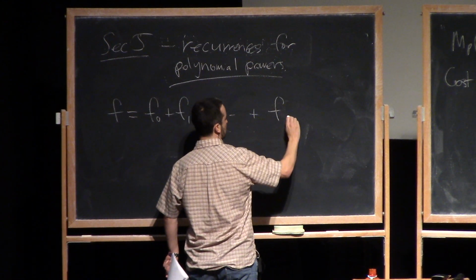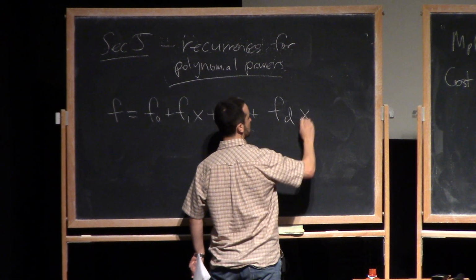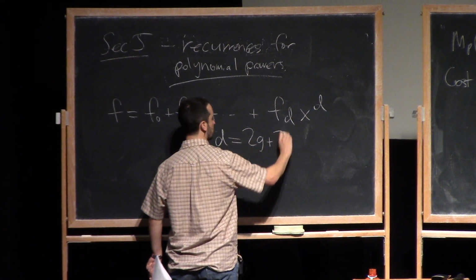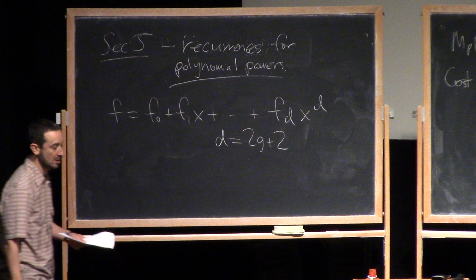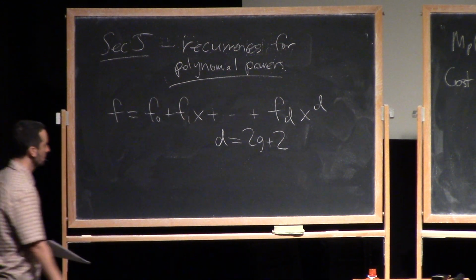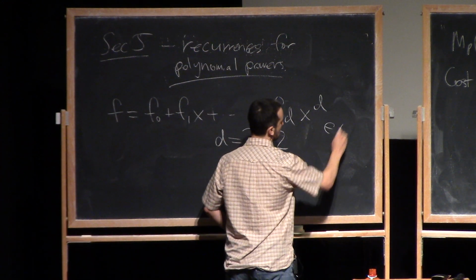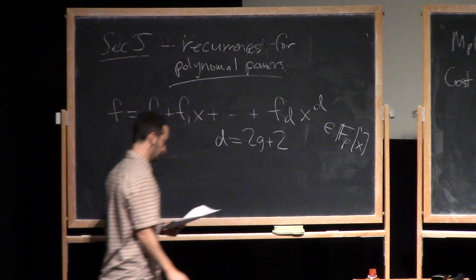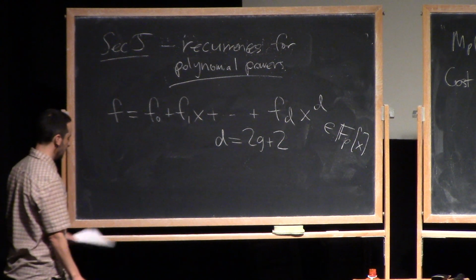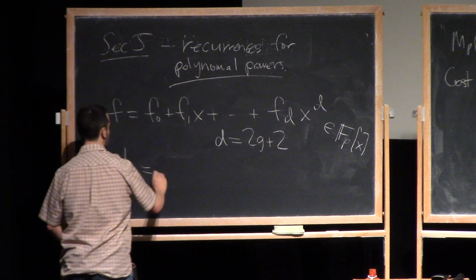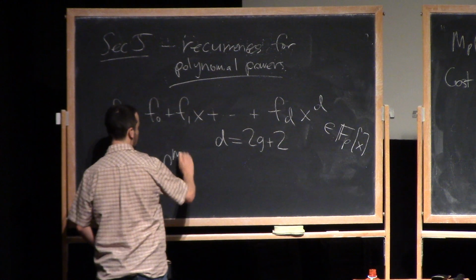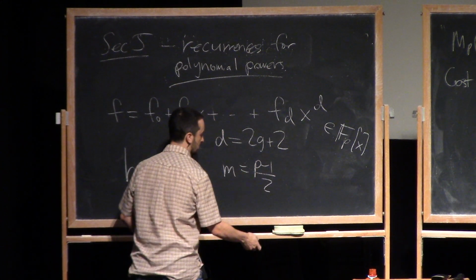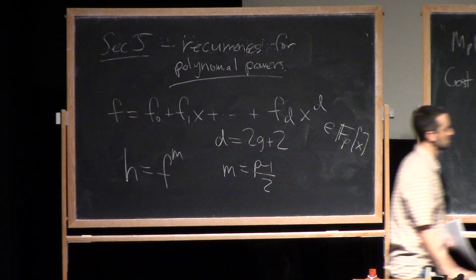Now I'm going to introduce this symbol d for the degree, just because I'm going to be sick of writing 2g plus 2 everywhere. Okay, so from now on that's what d is. And this is in F_p[x]. And I'm going to write h. h is now going to be called f to the m. So m is my notation for (p minus 1) over 2, because I'm sick of writing (p minus 1) over 2 all the time.